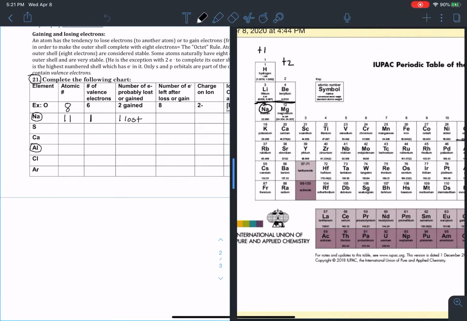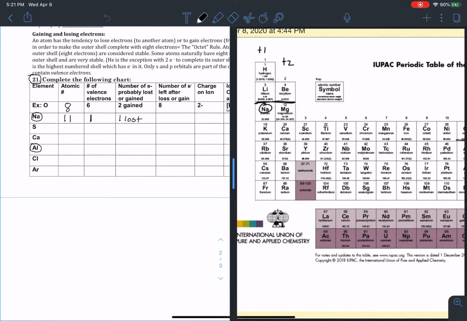Because if you were talking about the total amount of electrons there, then there would be 10 electrons in that oxygen atom.